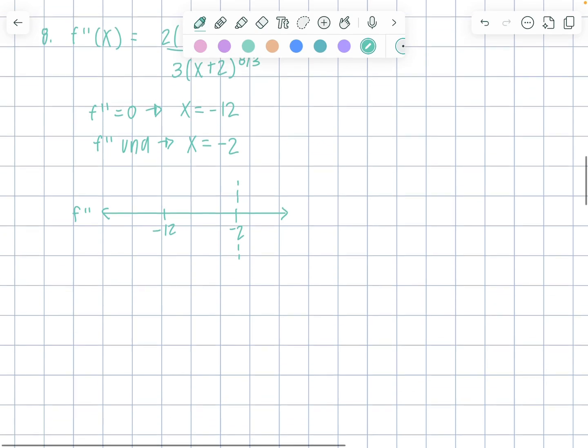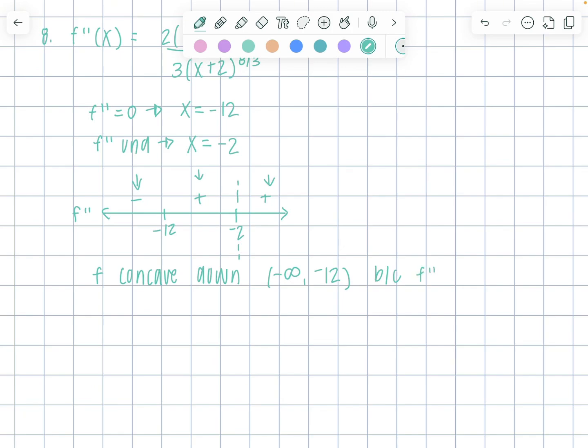Again, we will test values into the second derivative intervals. When we test values to the left of negative 12, we get negative values. Between negative 12 and negative 2, we get positive values. And to the right of negative 2, we also get positive values. This means that our function f is concave down from negative infinity to negative 12 because f double prime is less than 0.